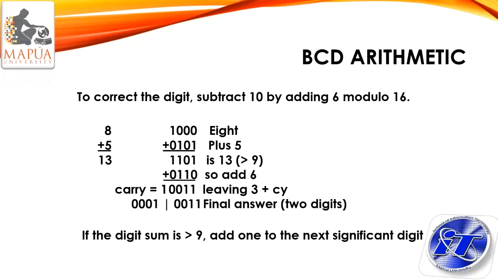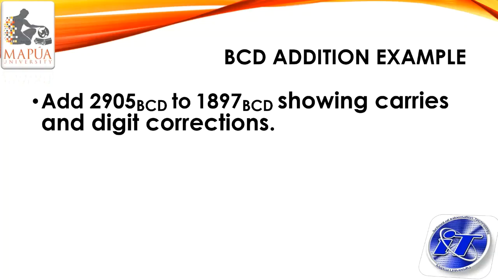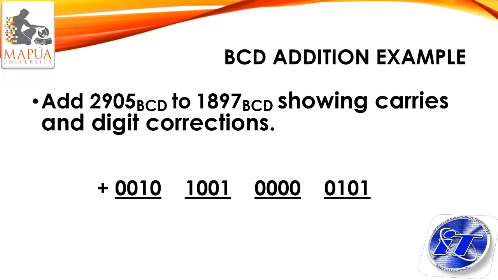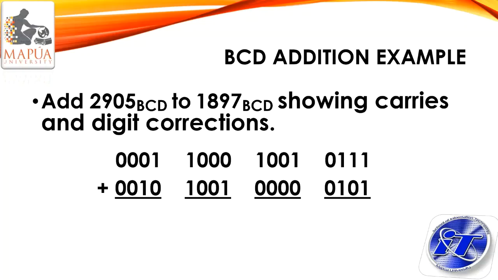Let's have another example. We're going to add 2905 decimal and 1897 decimal in BCD, and we need to show the carries. So this is 2905 and this is 1897.